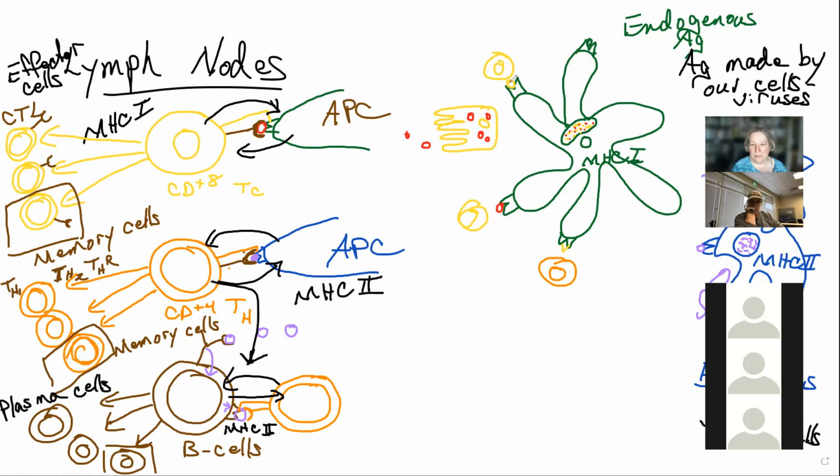And they either say, yep, this is my antigen, and they undergo the clonal expansion. Or they say, nope, this is not my antigen, I'm going to keep looking. Whereas B cells, they're hanging out, and you're right, they are processing soluble antigen that is floating free.